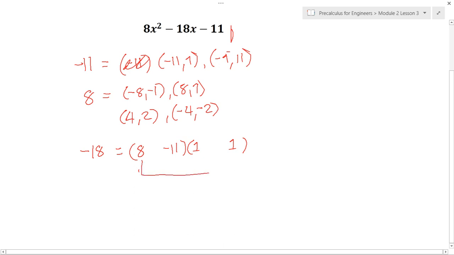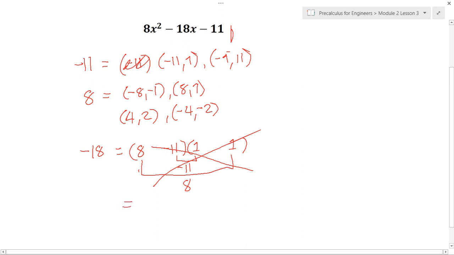Kasi dito, you can have 8 and you can have negative 11. So, tama ba? Okay. Here, hindi siya magiging 18. So, mali. So, therefore, iba pala na combination. So, try natin sa iba na combination. Di pala siya pwede. So, let's try another combination class.